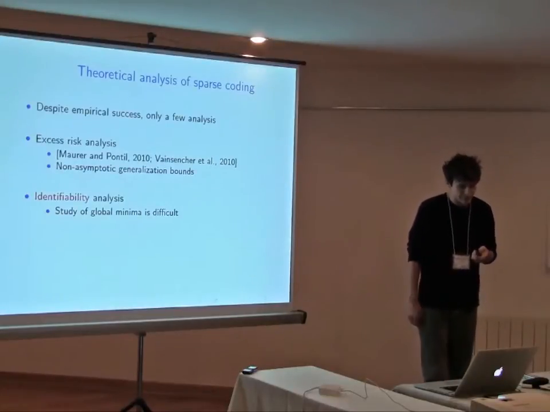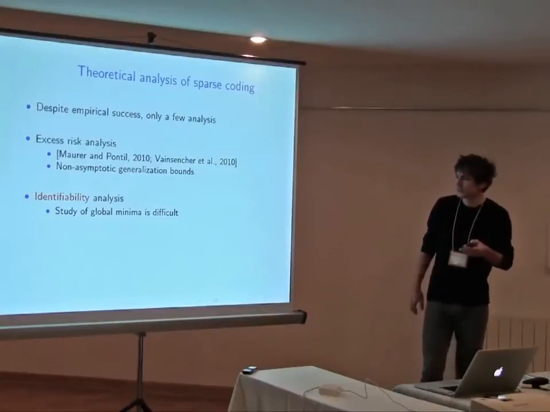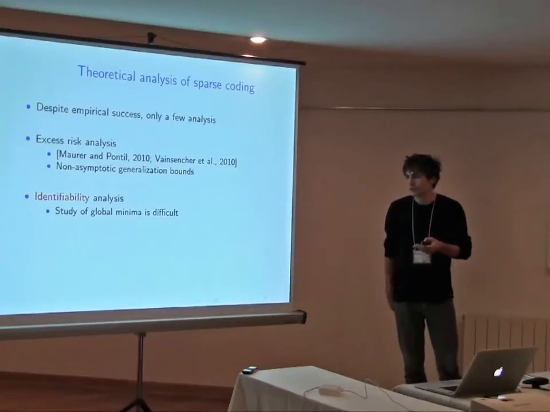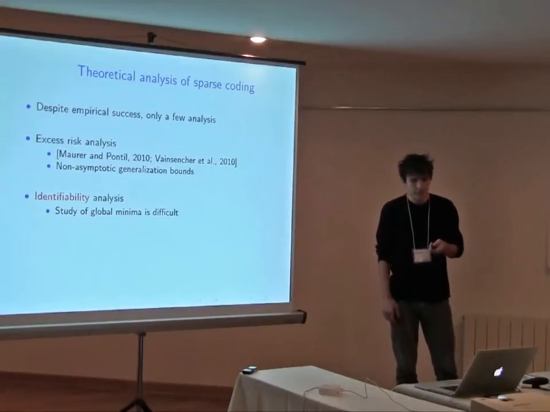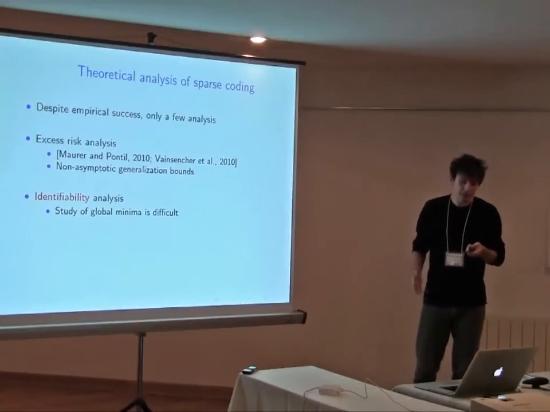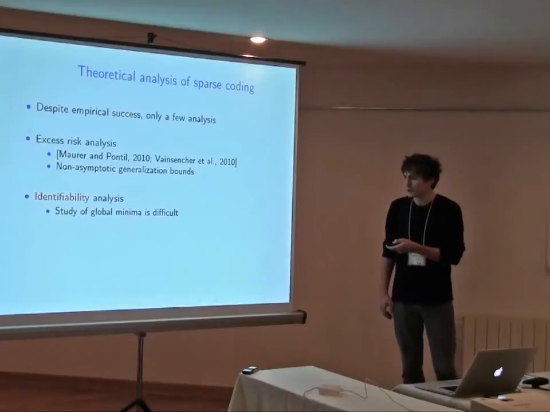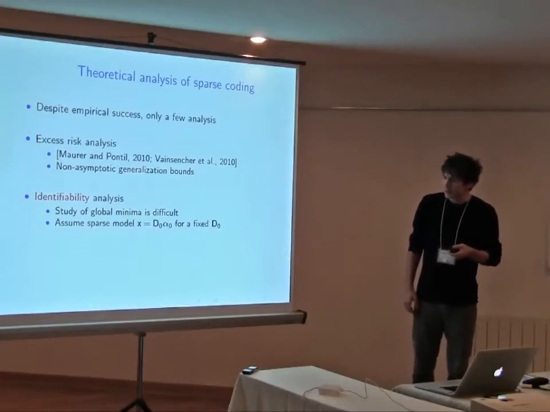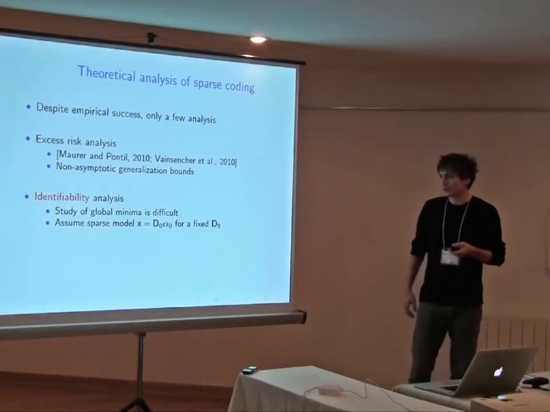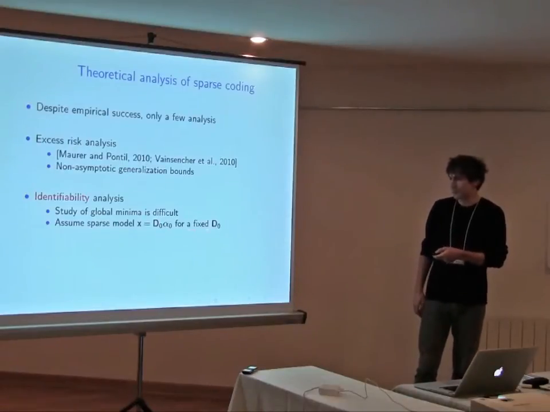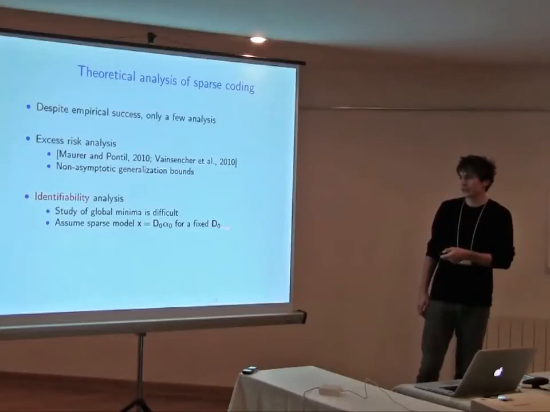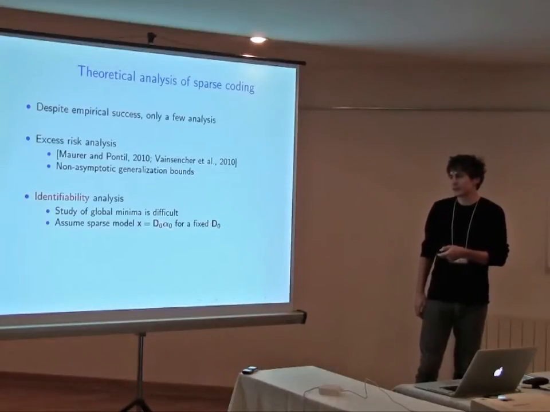In this context, instead of focusing on the very difficult question of trying to characterize a family of global minima, we are interested in a slightly simpler question, which consists first in assuming a sparse model of the signals, where we have some fixed reference dictionary D0 and some sparse alpha 0.